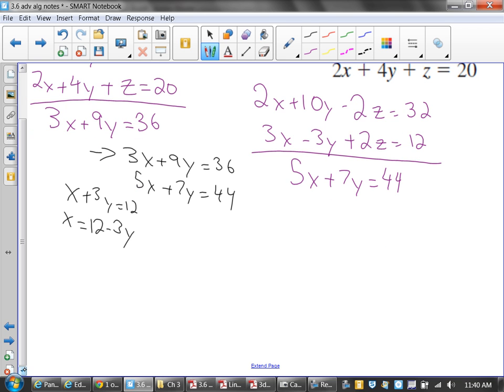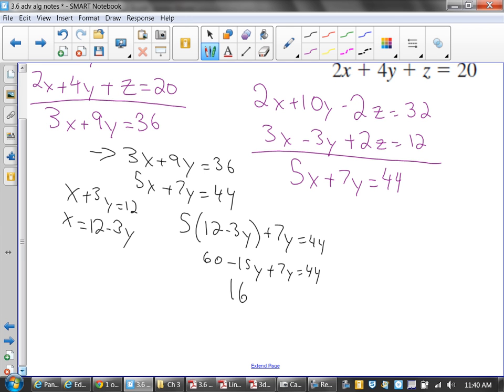So if I know that x is 12 minus 3y, then I can say that 5 times 12 minus 3y plus 7y is 44. So I have 60 minus 15y plus 7y is 44. I'm going to add the 8y to the right, subtract the 44.